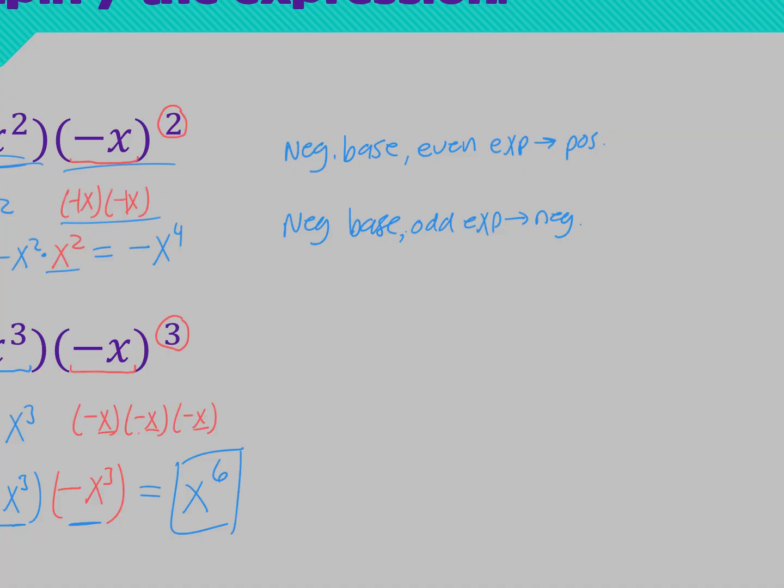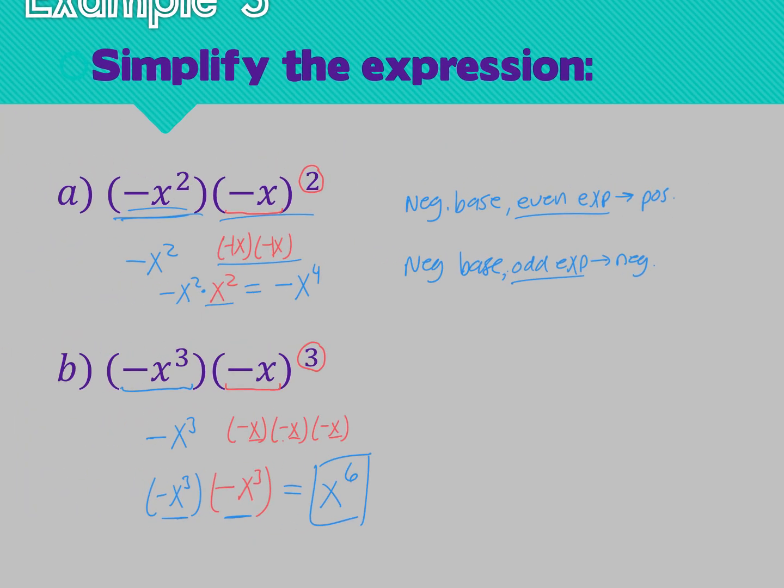Just because when you do an even exponent over a negative base, you're going to end up with a negative times a negative, which is a positive. But if I have an odd exponent, you're going to end up multiplying a negative an odd amount of times, which is going to end up with a positive times a negative. And you can work it out no matter which way you do it, it's going to turn out to be the case every single time. So just a general rule of thumb, which might help you down the line, but otherwise you can write it out the way that I did here.